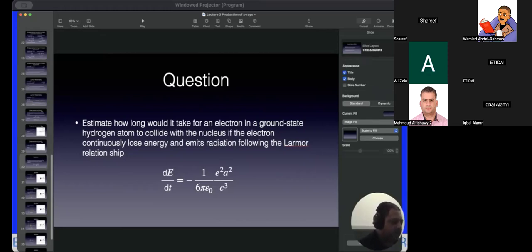While it is accelerating with the Coulomb force, it's going to emit radiation and lose energy. The Larmor relationship describes the power of radiation that is emitted. Since we're talking about the electron, the loss of energy uses the Larmor relationship, but there is going to be a minus sign there.